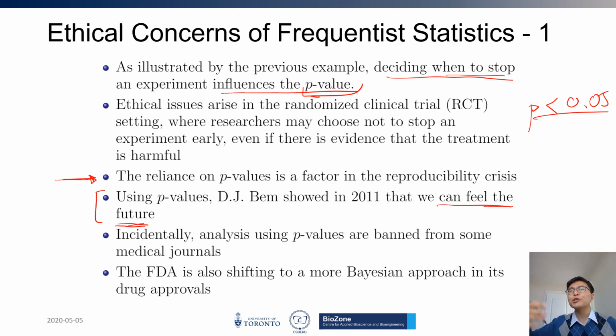So we know what's going to happen 2 days from now, for example. Okay, so that's not conceivable, but they showed it anyway. And that's why analysis using p-values are banned from some medical journals. And the FDA, the Food and Drug Administration, is shifting to a more Bayesian approach in its drug approval process. But let's take a look at what's going on in this case.